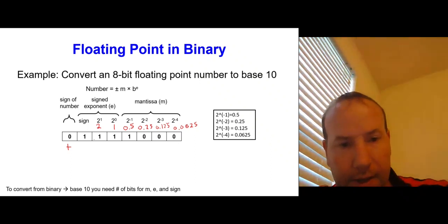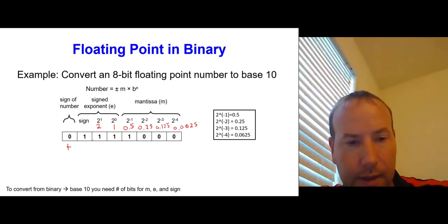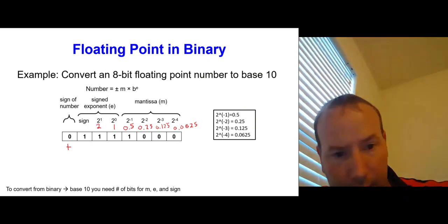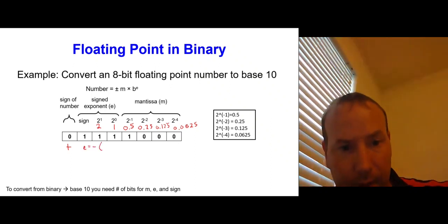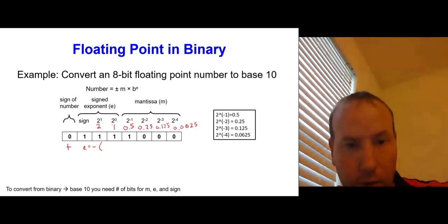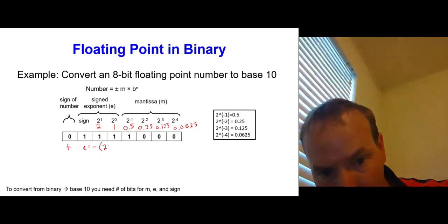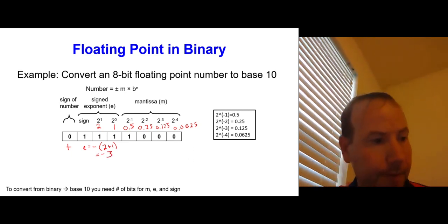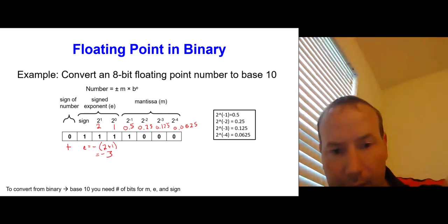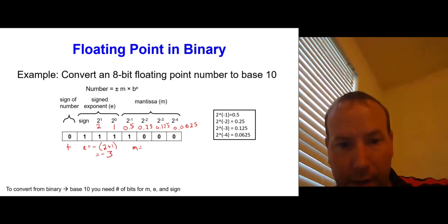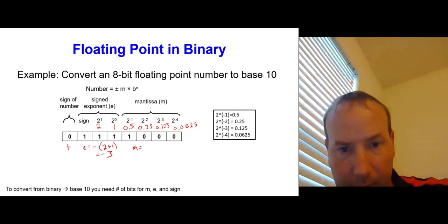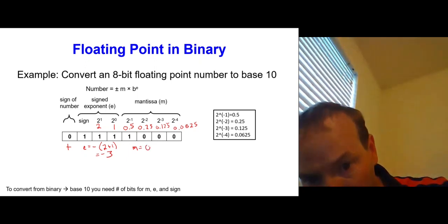And so we see that its exponent is negative. So e is negative, and it's going to be 2 plus 1 equals -3. And since it's mantissa, we have zeros out here and a 1 right here, so it's just 1 times 0.5 is 0.5.